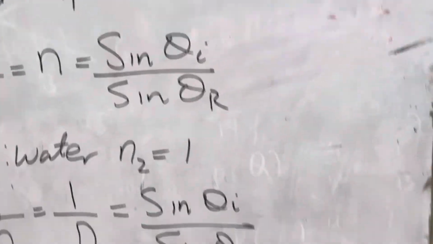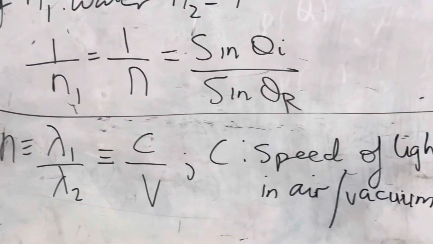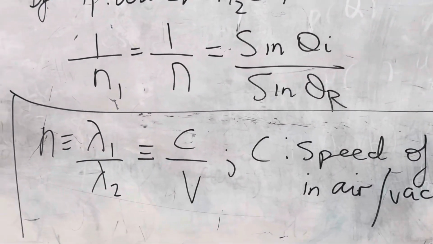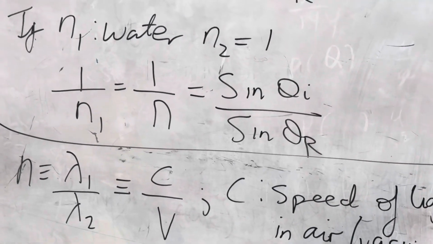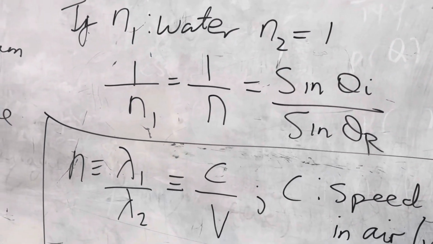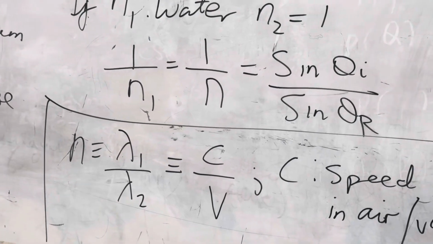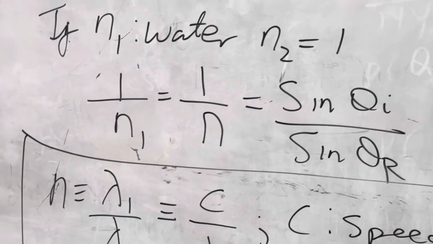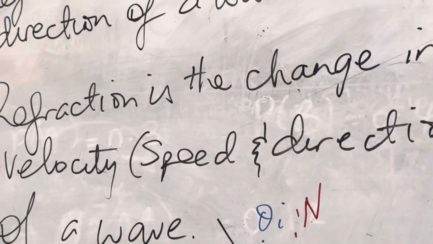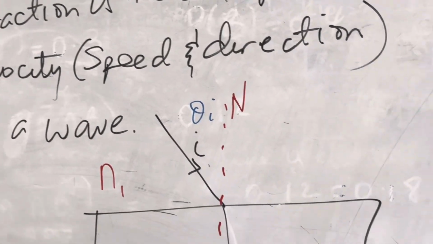So then now I could substitute sine theta I with lambda 1, which is the wavelength, and I could substitute sine theta R with lambda 2. And I could also substitute them with velocity, because remember I said refraction is change in speed and direction, right?